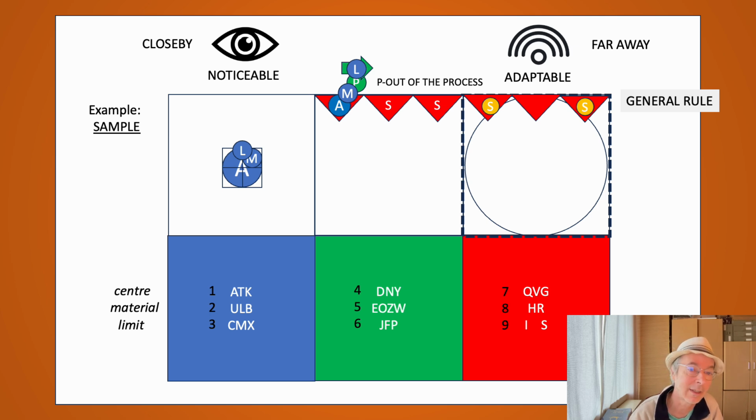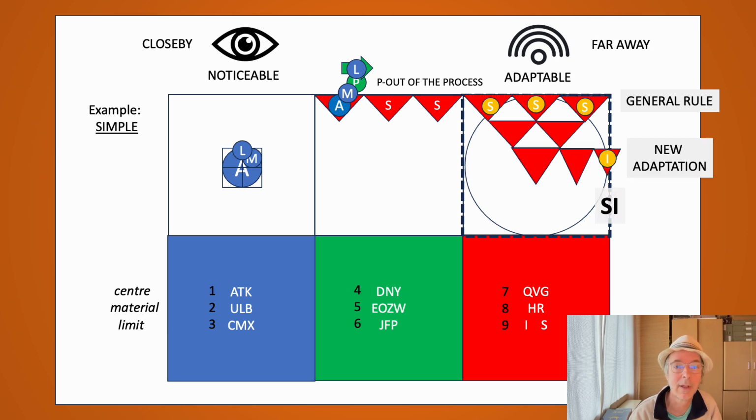It's different than simple. How can it be so different? Now the E is not focusing on the material, but it's focused on something else. If I compare the S to the E, the S is the general rule, and the E is where the focus is on where I can have a new adaptation, and I can have a renewal of a whole system, a renewal of whatever I have.